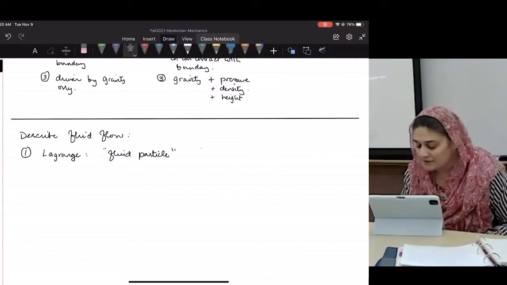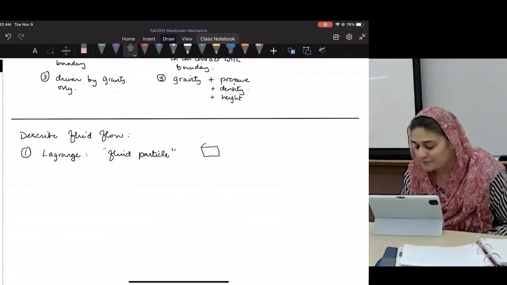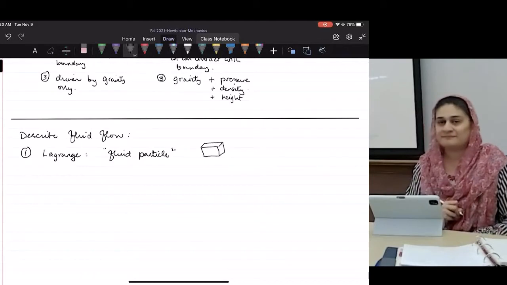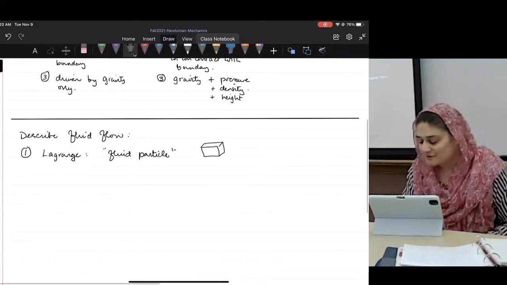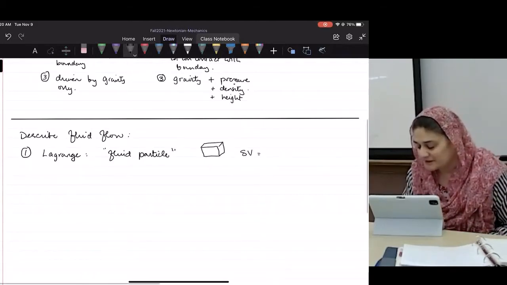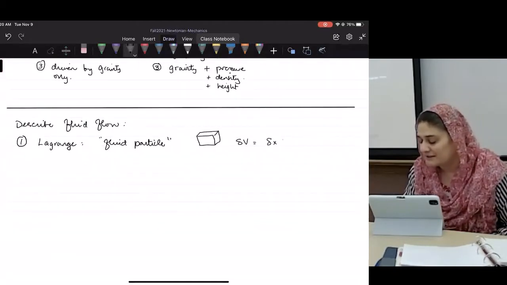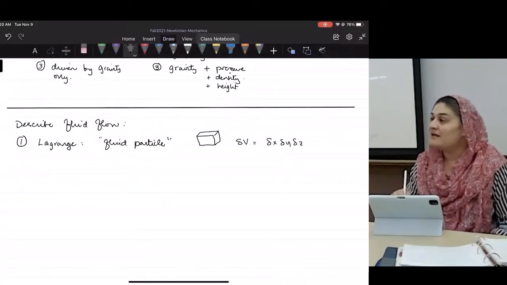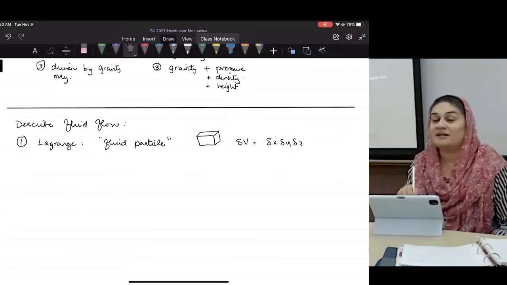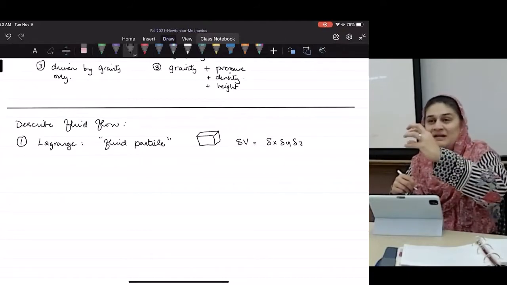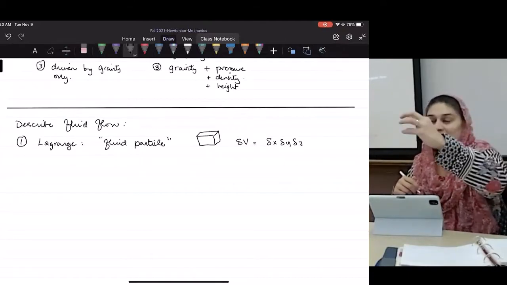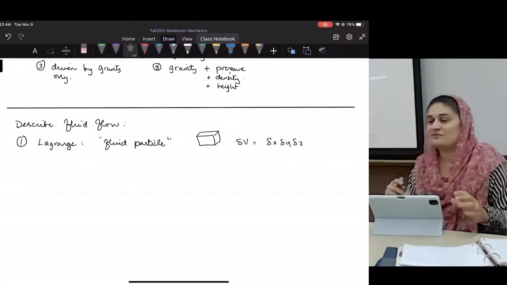What does that look like? He said, my fluid particle will look like this. It is going to be a delta V, a small volume element, defined by delta X, delta Y, delta Z. And then he said, as this fluid particle moves through space, I am going to study each one as it moves.